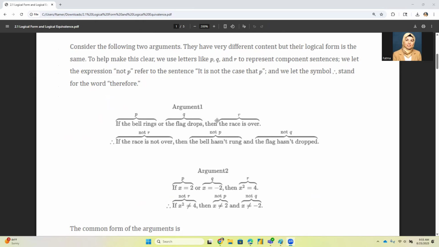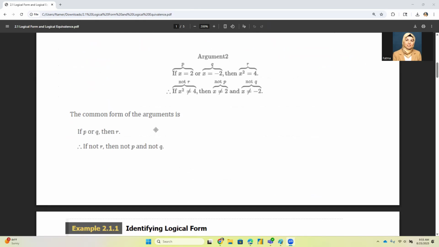So P or Q, then R. Therefore, not R, not P, and not Q. Again, the summary is here. The common form of the argument is, if P or Q, then R. Therefore, if not R, then not P, not Q.